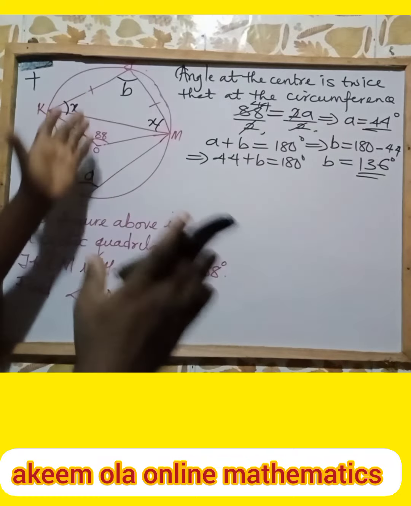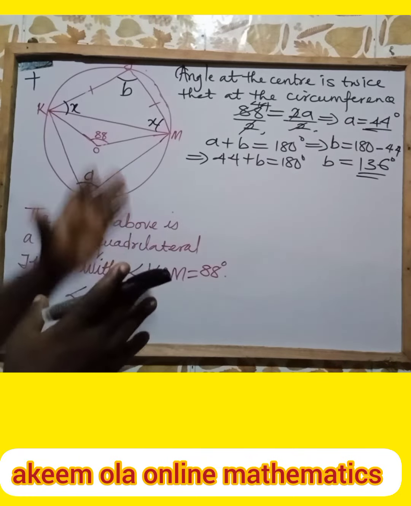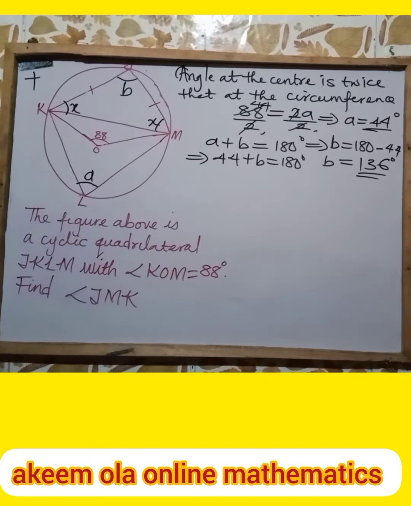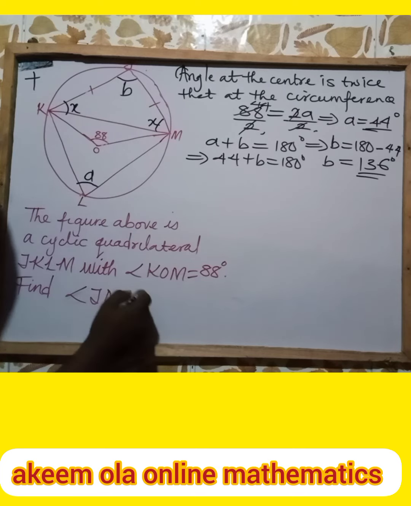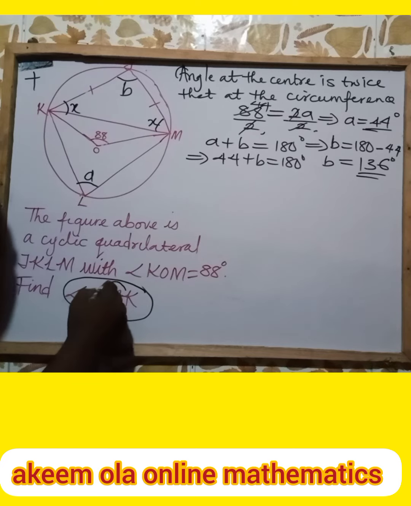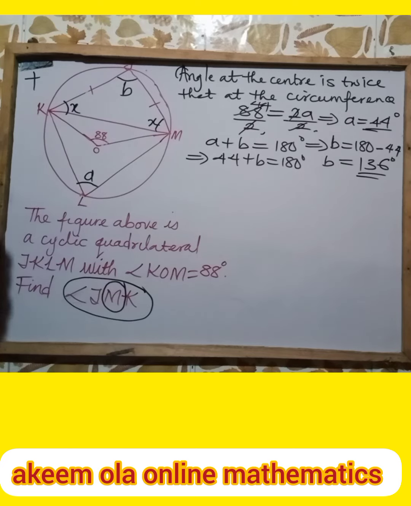Now, attention shifts to JKM. If you look at the question, we are asked to find JMK. When you are given something of this nature, you must make reference to the letter at the center.